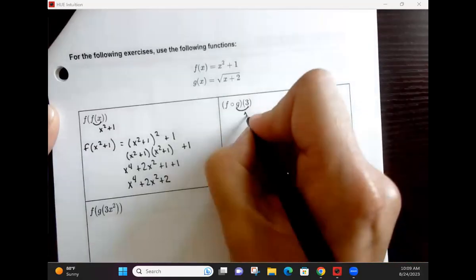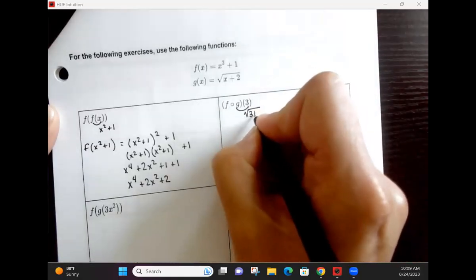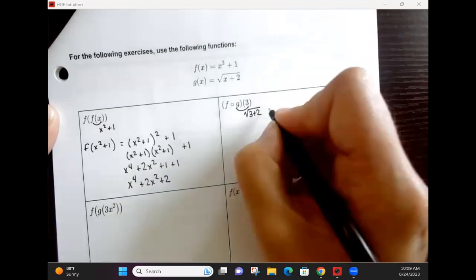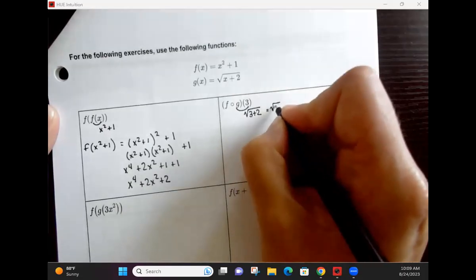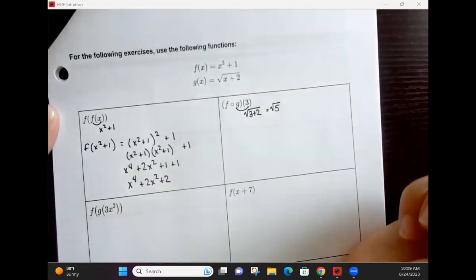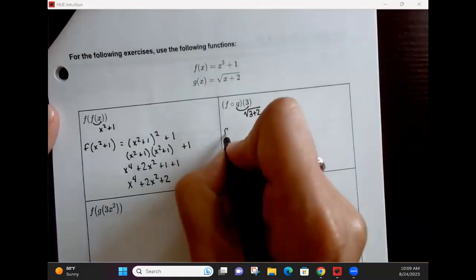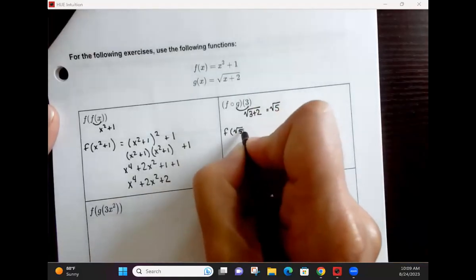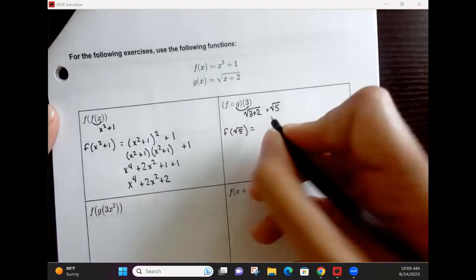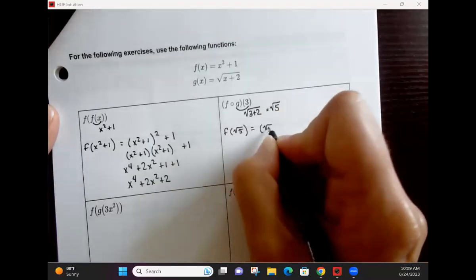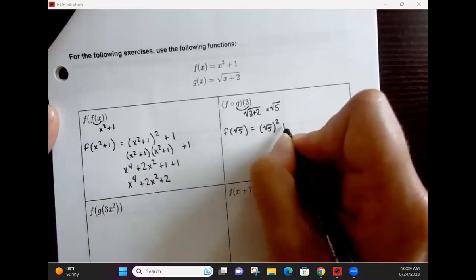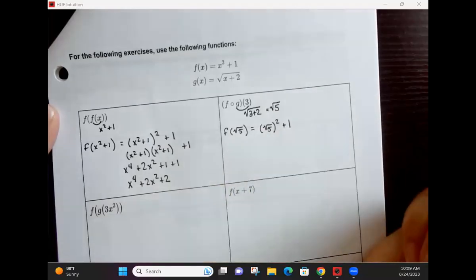So g of 3 would be the square root of 3 plus 2. That's the square root of 5. I'm going to leave it as the square root of 5 since it doesn't simplify to a nice number. And then I'm going to find f of the square root of 5. So that would be the square root of 5 squared plus 1.